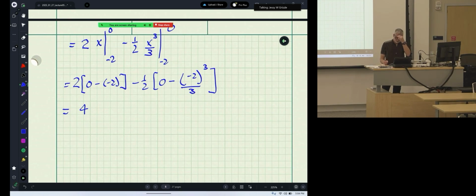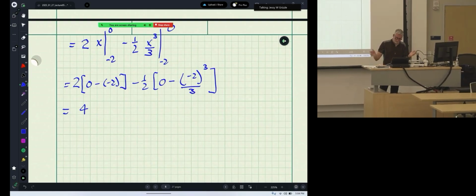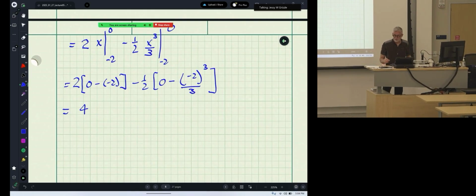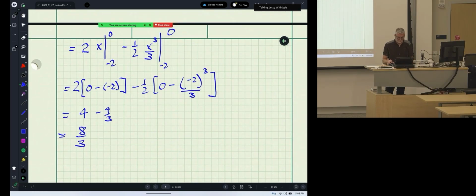Minus 2 cubed is minus 8. Minus that is plus 8. Multiplied by minus a half is minus 4. That we then divide by 3. And so we end up with 8 thirds. 12 thirds minus 4 thirds is 8 thirds.